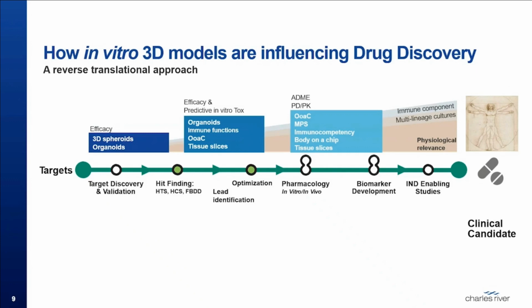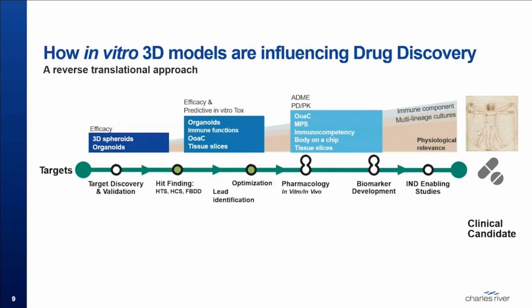Now the question is, how do we know if organoids, organ on a chip, and all these other advanced models can actually be better predictive of patients' response? The short answer is that we don't have a full picture just yet. However, the data that we have collected so far look really, really promising.